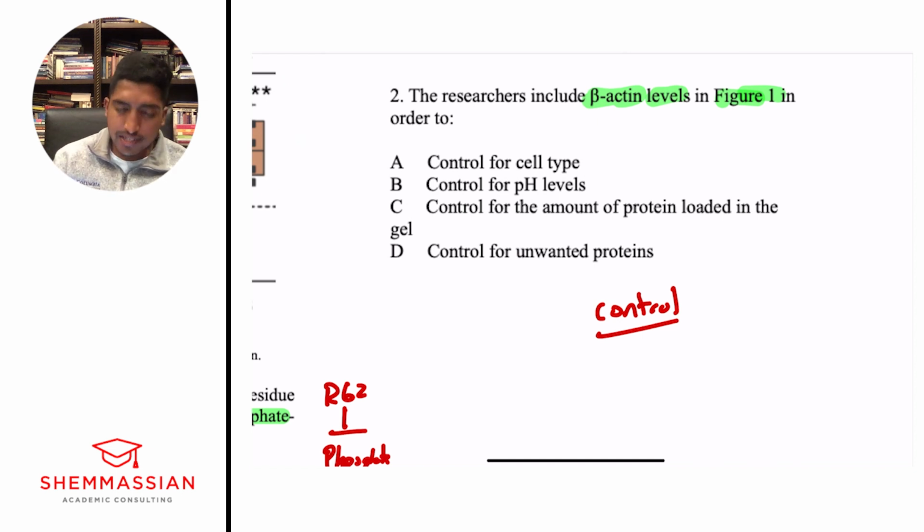blotting. And so if we have the constant measurement of beta-actin across each of these lanes, why are we doing that? Well, we're making sure that each of these lanes gets the same amount of total solution that we can measure, right? If we give lane 1 10 milliliters versus lane 2 50 milliliters, then we'd clearly see that in the beta-actin measurement levels.